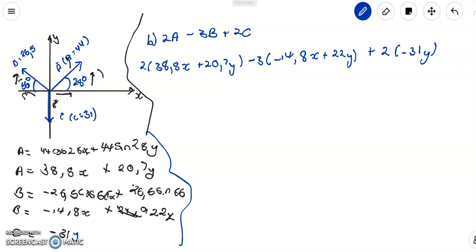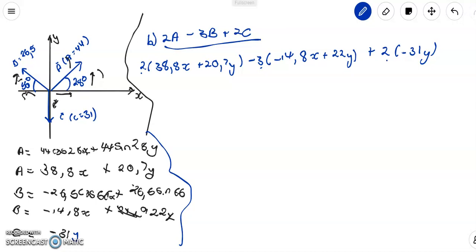And then for number 2, which is 2a minus 3b plus 2c, we do the same thing. We put our 2 there, and I replace a with 38.8x plus 20.7y. Minus 3, I replace b with that, plus 2c, I replace c with minus 31y. And now all I have to do is to multiply out.